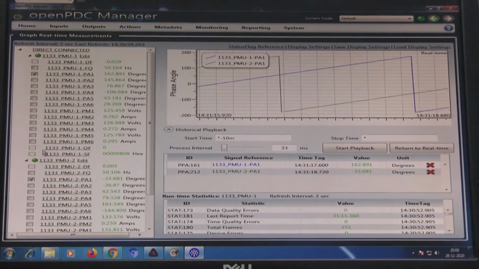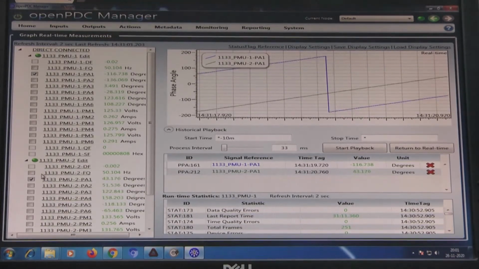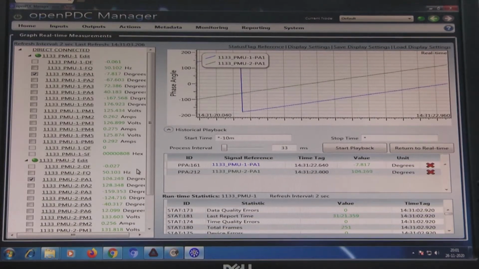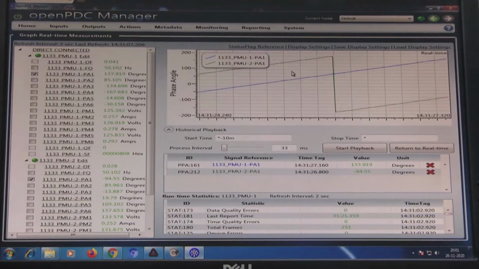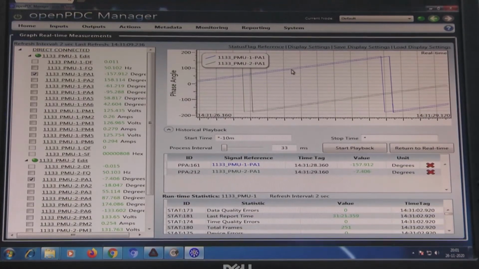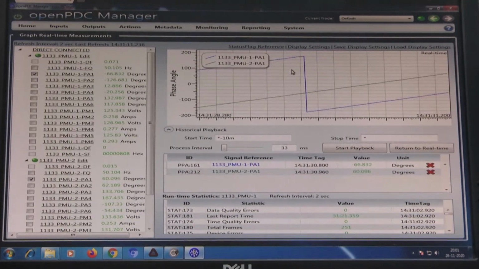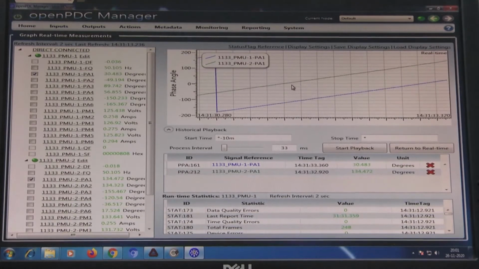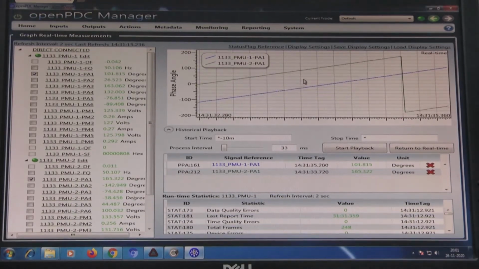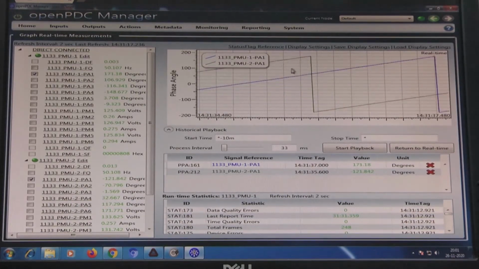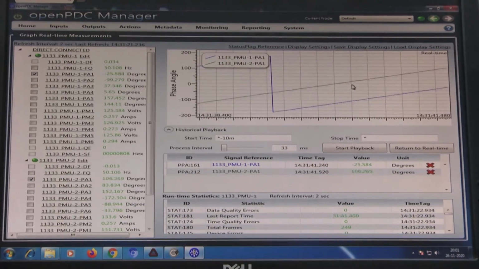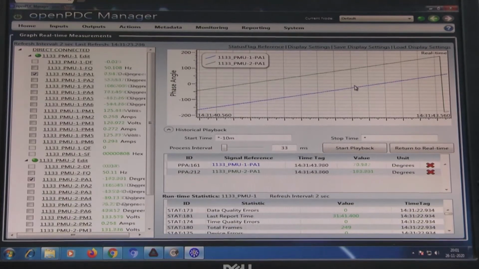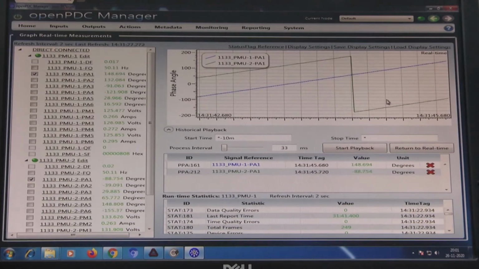generator side and the phase A voltage of the grid side, and these angles vary from 0 to 180 degrees, plus or minus, as you see here. So, the PMU 2 angle here leads the PMU 1, and that angle is being monitored here.